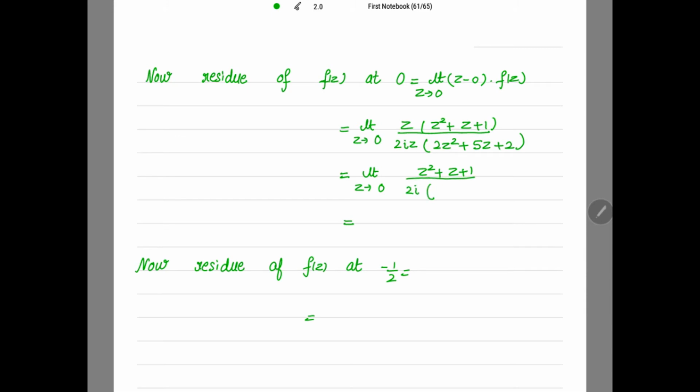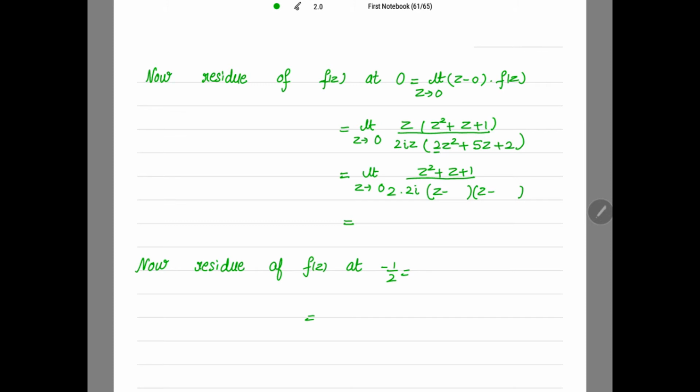Now we have to write this quadratic polynomial in factors, right? For factors, you take the leading coefficient outside the bracket and then you write z minus the first root and z minus the second root. What is the first root?